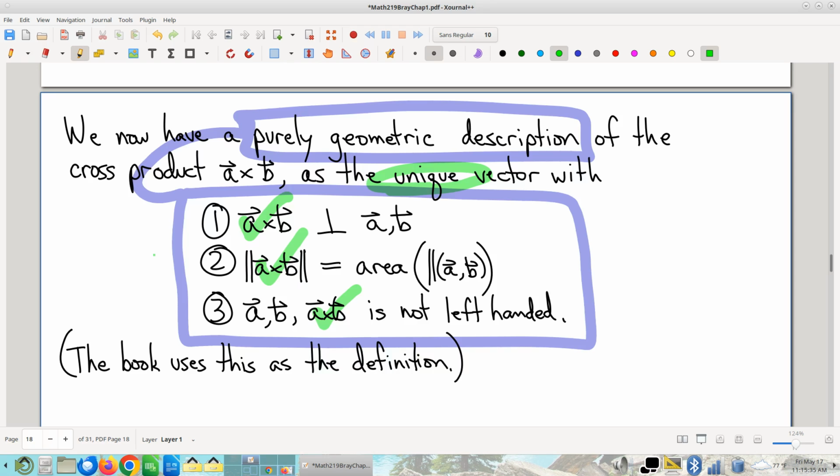What you're going to notice, by the way, in our textbook, right? Our textbook actually starts with this as the definition of cross product. And then by way of what I consider to be some very painful and unpleasant calculations, derives the formula that I started with. Now, that's just a personal preference. Again, I already told you all I was going to do this in a way that's very different from what the book does. Again, I think mine is more geometrically intuitive and less algebraically opaque. Pros and cons.